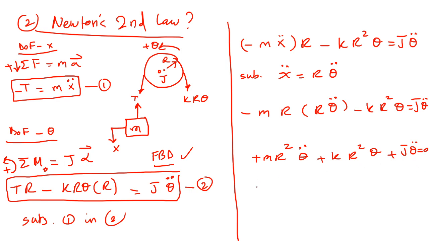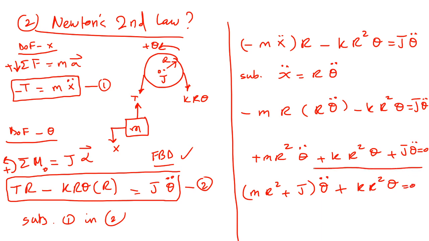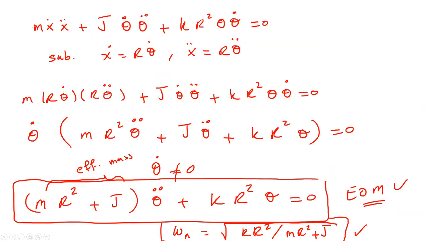Rearrange, I'm going to collect these together: (m R squared plus J) theta double dot plus K R squared theta equal to 0. Did you see this equation before? Yes, this is your equation of motion. We got it.